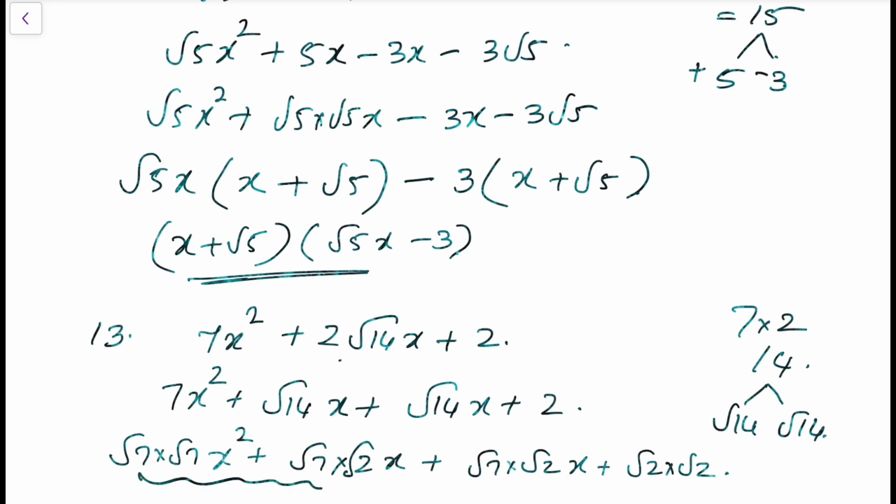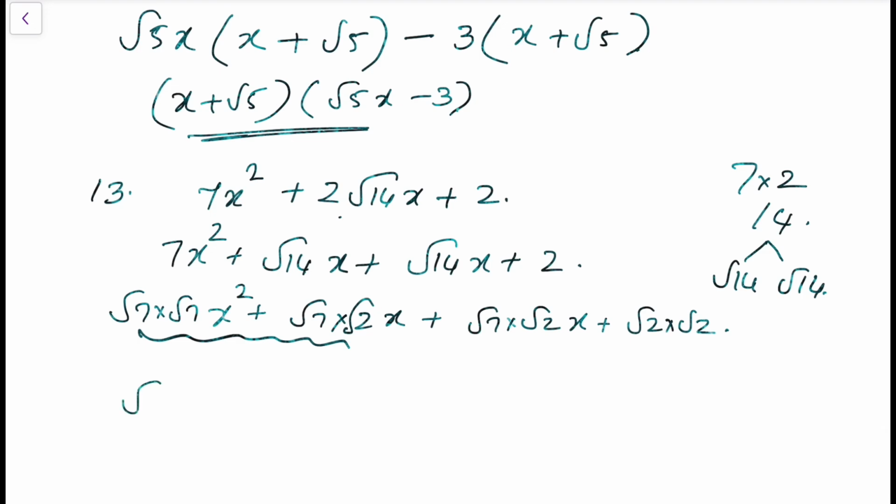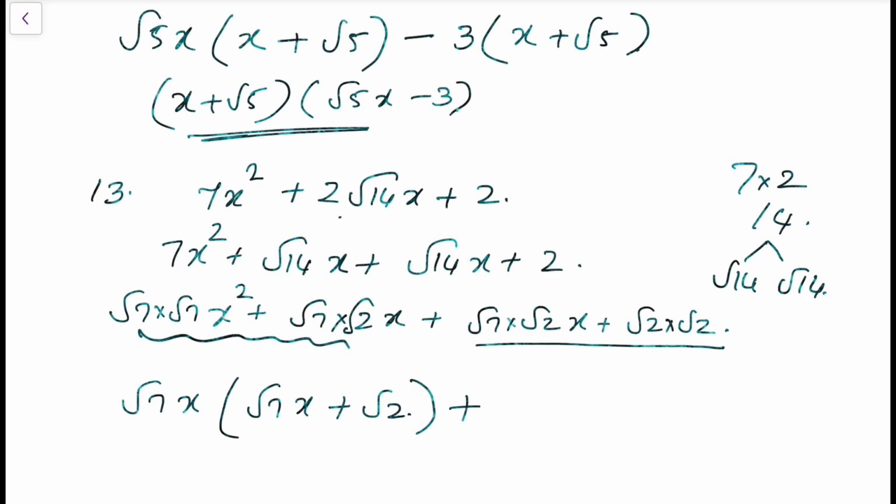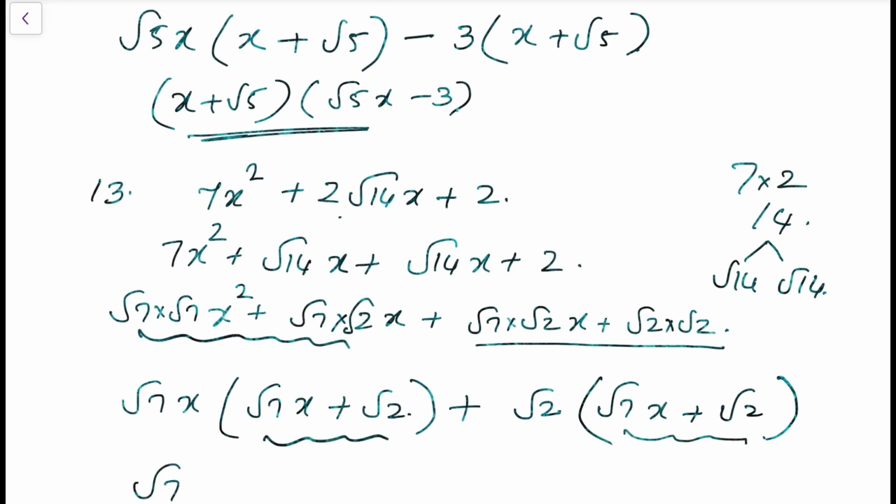Now, from the first two terms you will take root 7x as common, then you are left with 1 root 7x plus root 2, plus, now in these two terms you can take root 2 as common. So, you are left with root 7x plus 1 root 2 will be there. So, now this will be common, take it out, root 7x plus root 2 into root 7x plus root 2.